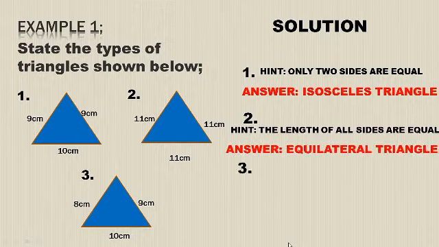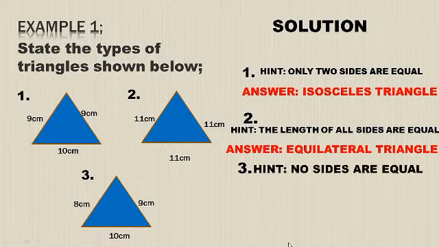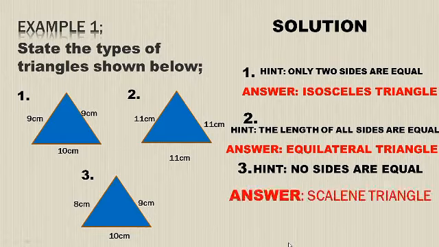Number three, the hint says the length of the three sides are different, so therefore no sides are equal. A type of triangle that has all sides different is called a scalene triangle. This is because the dimensions of the lengths are all different.